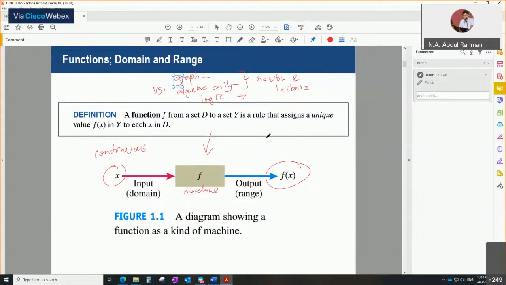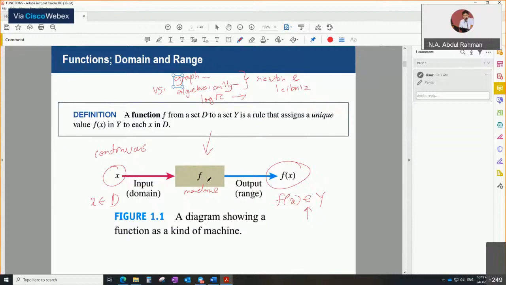Okay, so this is one example of a diagram to say that a function f from a set D to a set Y, we say x is in D, so f(x) is in Y. This is the notation that I use for 'in', or element of: f(x) is an element of Y. So a function f from a set D to a set Y is a rule that assigns a unique value f(x) in Y to each x in D. And you might have heard a lot of functions.